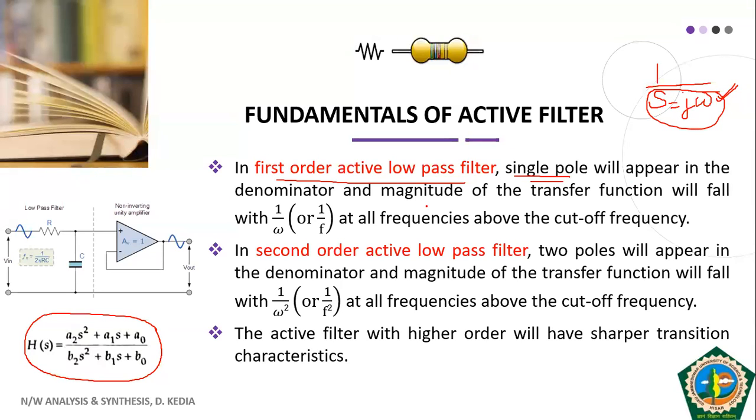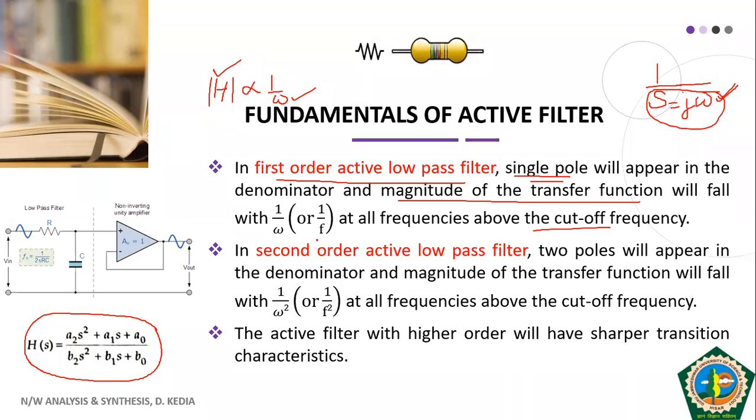In other words, the magnitude of the transfer function will be inversely proportional to omega, or proportional to 1 by omega. It means as omega increases, your magnitude will decrease, at all the frequencies above the cutoff frequency.